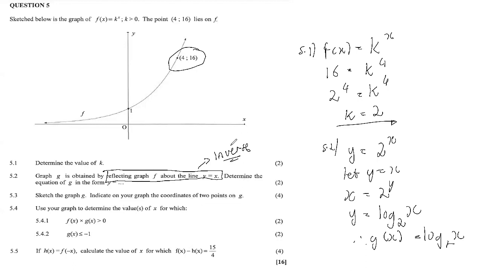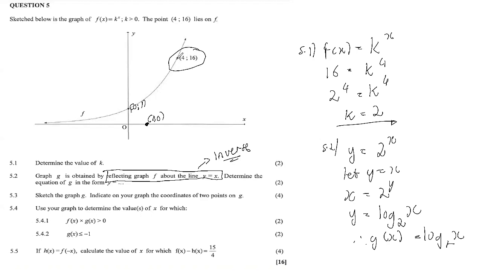So this is a reflection, and understand what a reflection does. A reflection along the line y is equal to x simply changes your x value to a y value and your y value to an x value. So when you have the coordinates (0; 1), it's the y-intercept, but swapping these coordinates, or reflecting them along the line y is equal to x, will give you an x-intercept with coordinates (1; 0). And the coordinates (4; 16) will change to (16; 4).